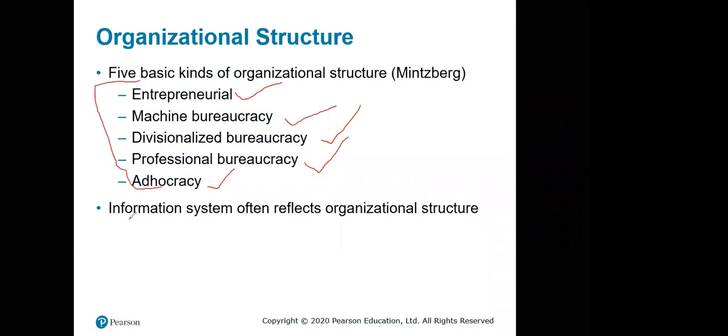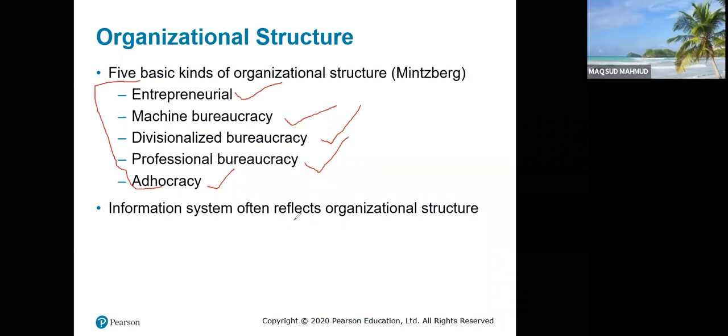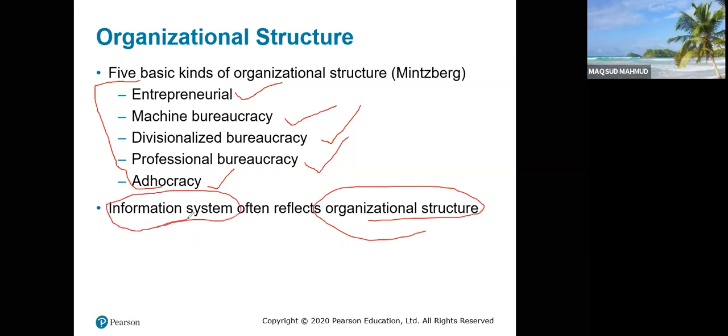Okay, so information systems often reflect the organizational structure. Whatever information systems you create, accordingly they will show you the information structure, that is, from where the information flows from one department to another department, and from the higher authority to the lower authority.